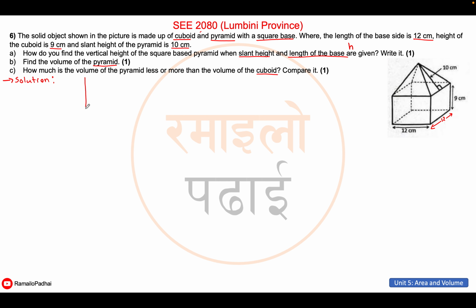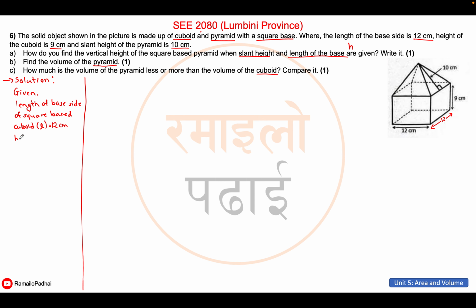We will write what is given to us. Given: length of base side of the square based cuboid, that is L, is equal to 12 centimeter.